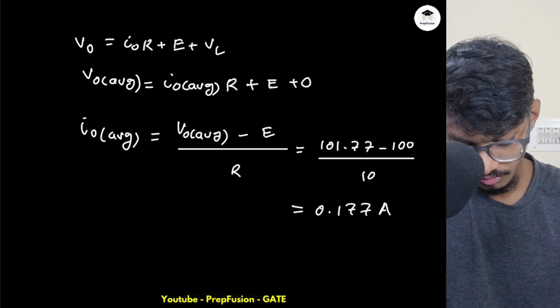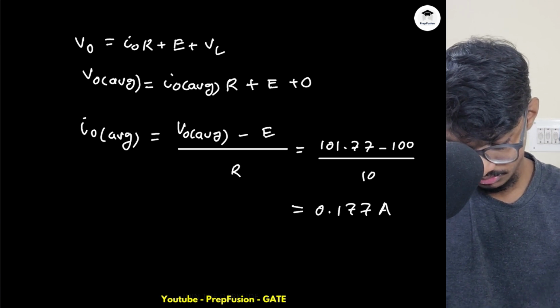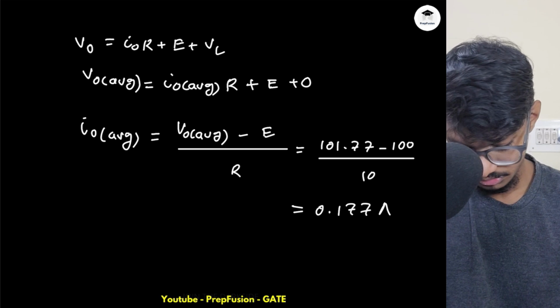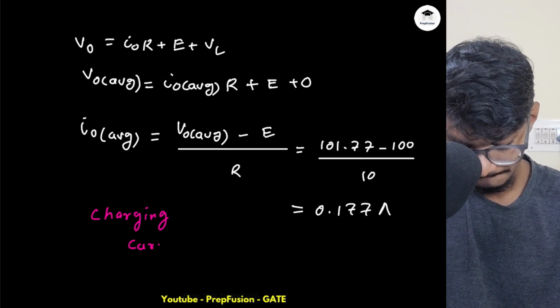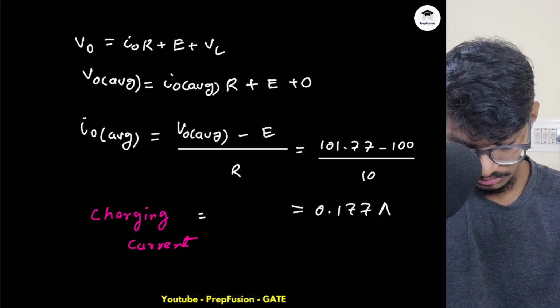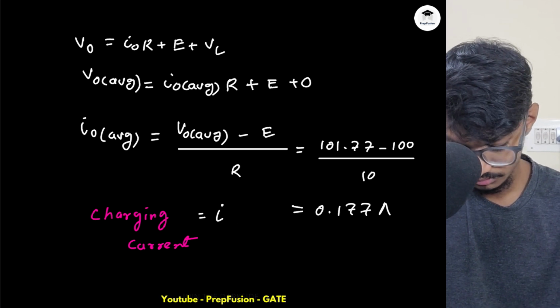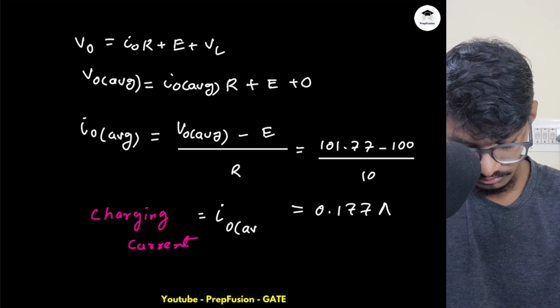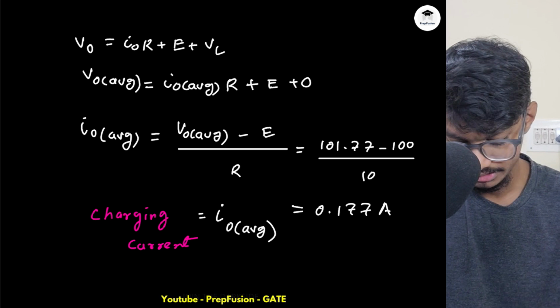So this will be my charging current, IO average. Okay, this will be the answer.